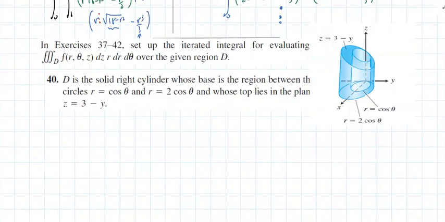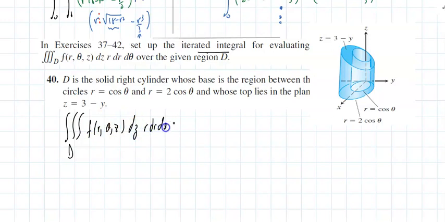On the next problem, this is number 40. The directions: set up an iterated integral to evaluate the triple integral over region D of f of r, theta, z, dz r dr d theta.